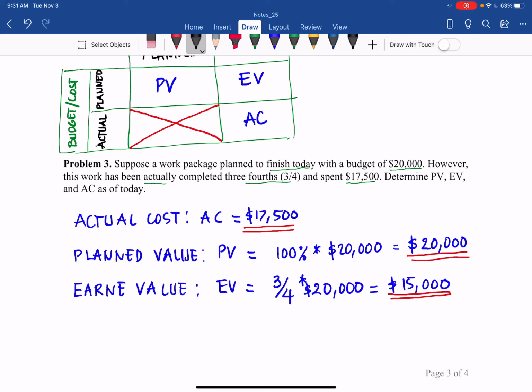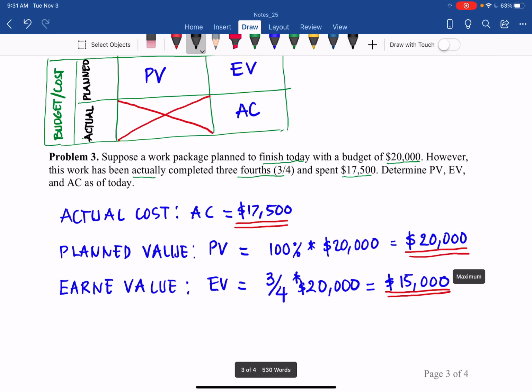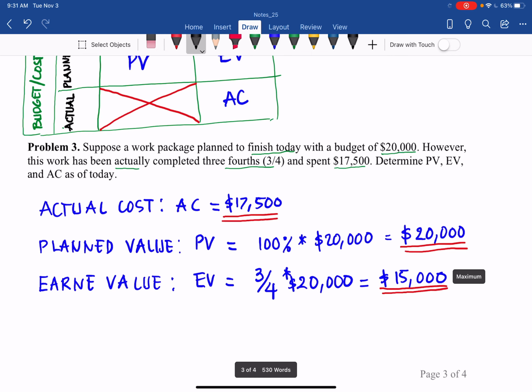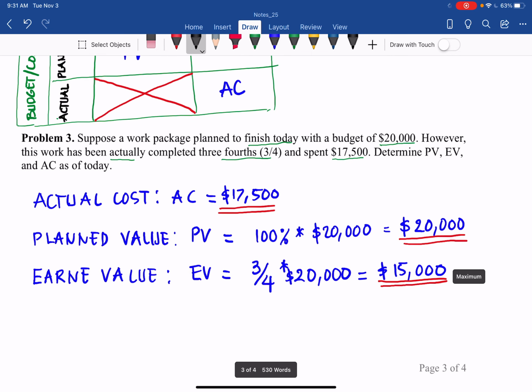Now think about whether we are over or under budget. So we talk about the cost. If you think this project is over budget, you are on the right track. Why? Because by today I spent 17,500, while I only earned 15,000.